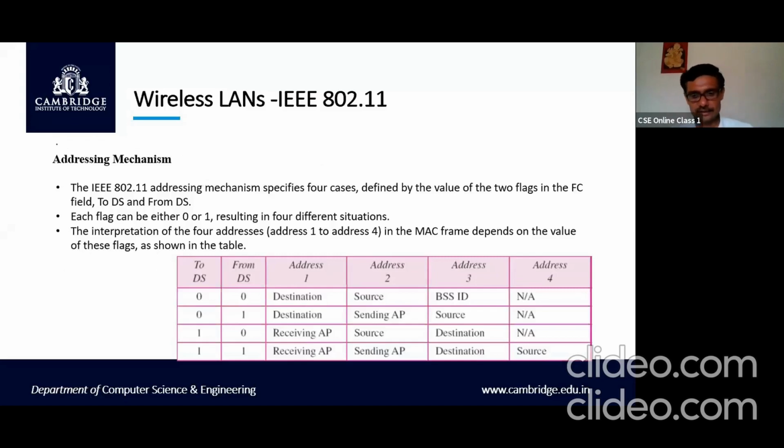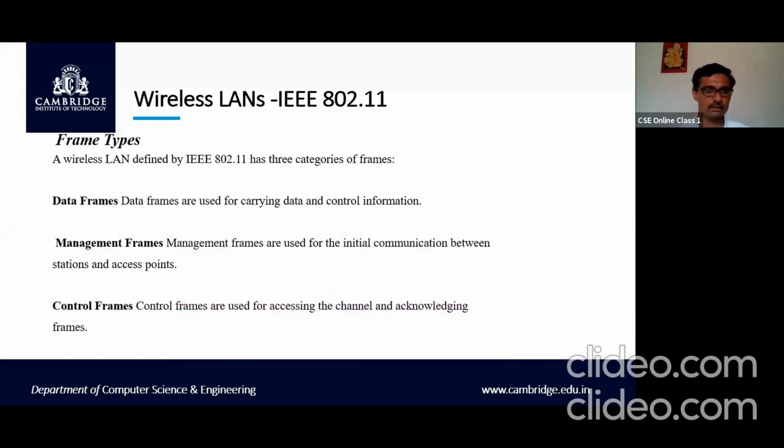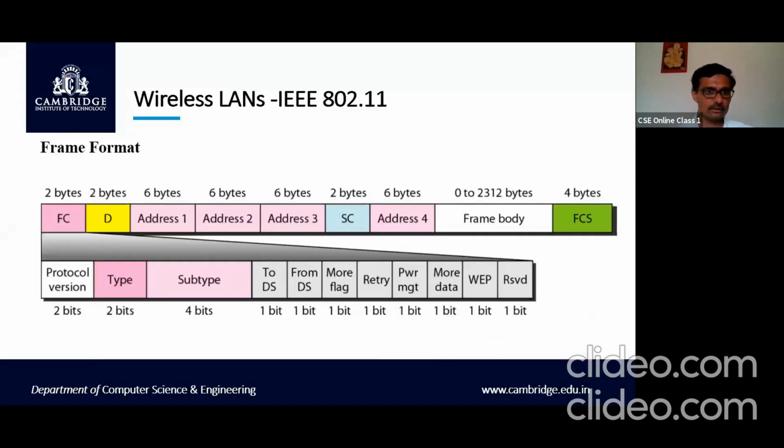As I said, in our previous slide, I told you about this. What is the meaning of these two? Here, to DS and from DS. Again, the subtypes, that is the subtype of these frames.